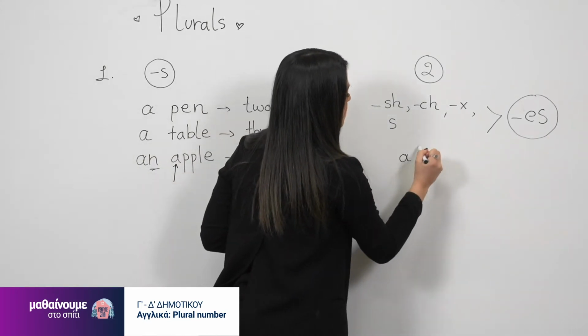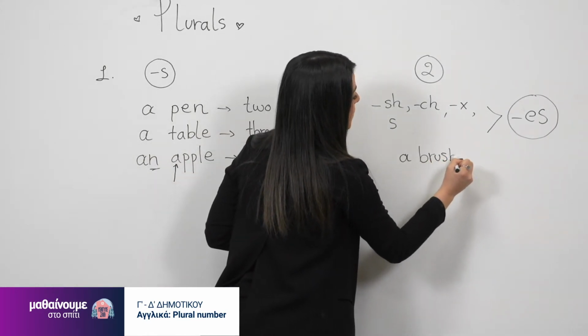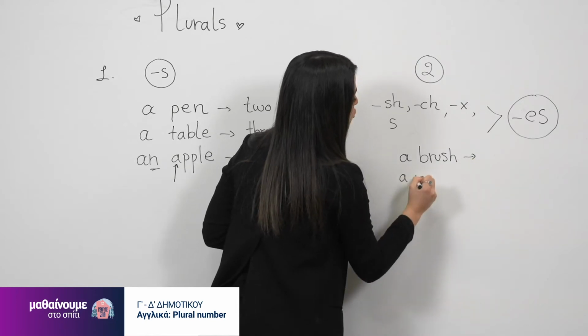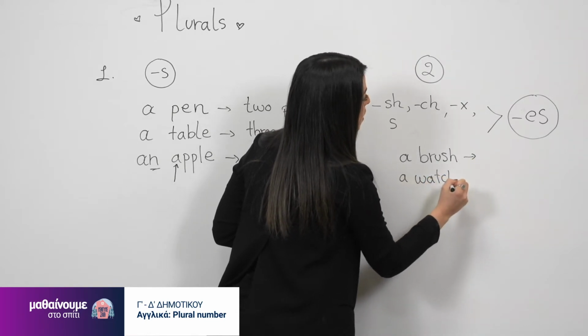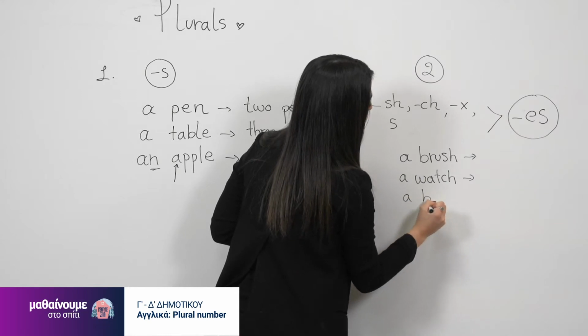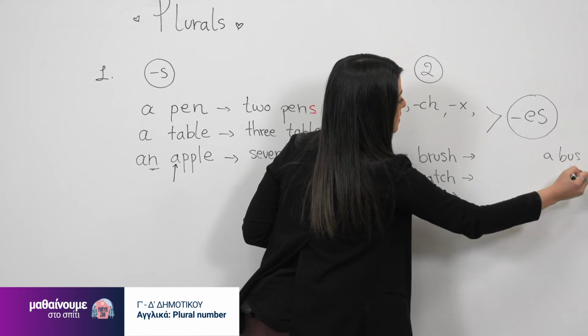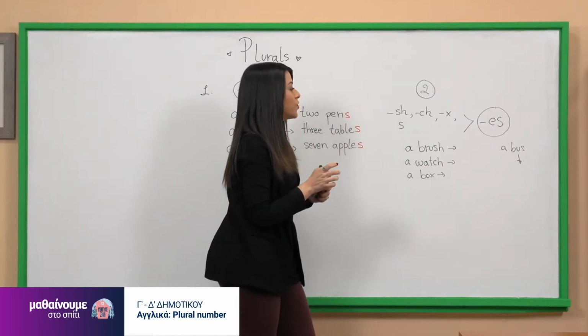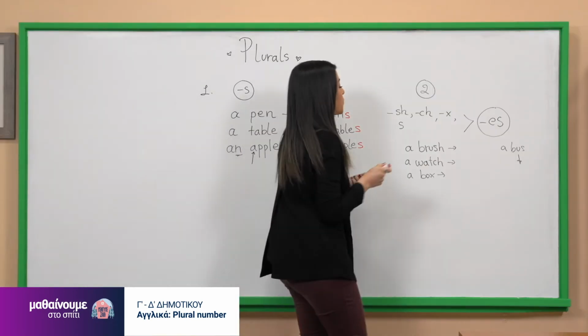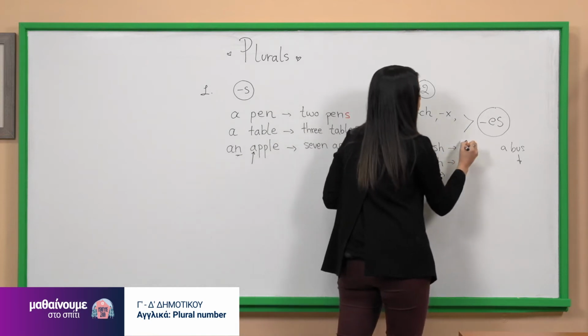A brush, μια βούρτσα, right? A watch, ένα ρολόι, a box, and a bus. Let's do it over here, να χωρέσουν όλα. So what do we do? A brush, 2 brushes.